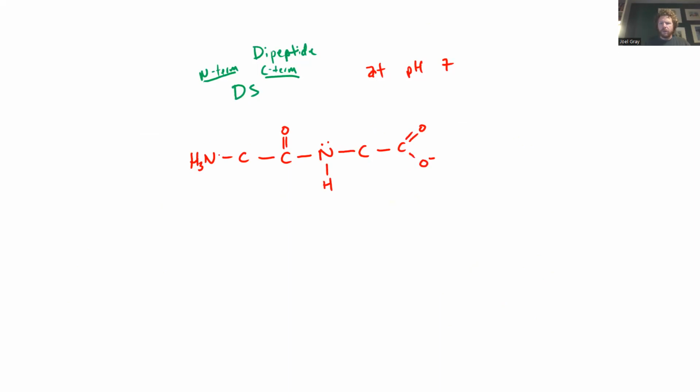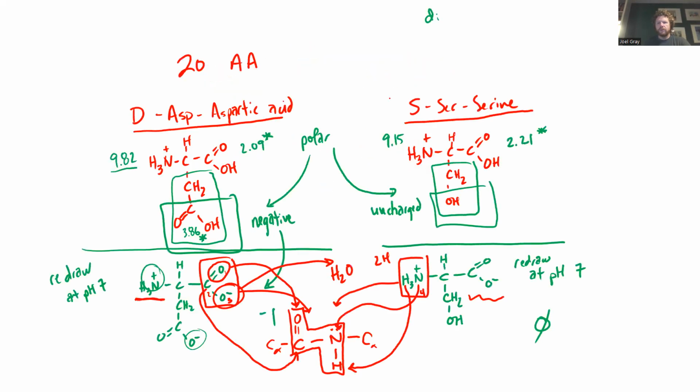Okay. Now, keeping in mind, this is at a pH of 7. I know that my pKa for my backbone, I've got a 2.21 for the C termini of serine and a 9.82 for the N termini of aspartic acid. Now, a great question to think about here is, what do I do with these 2 pKa values? Are those relevant?